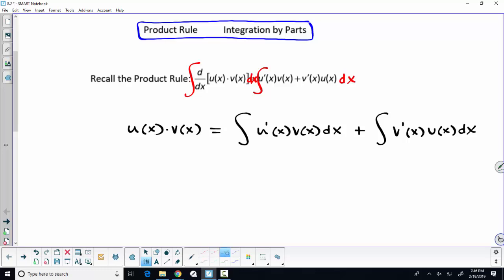A couple of things to note here. We're going to write u prime of x as the derivative of u with respect to x, du over dx, and v prime of x as dv over dx.